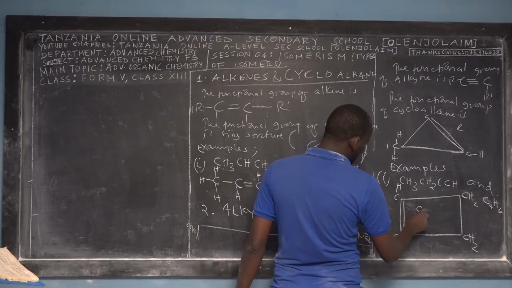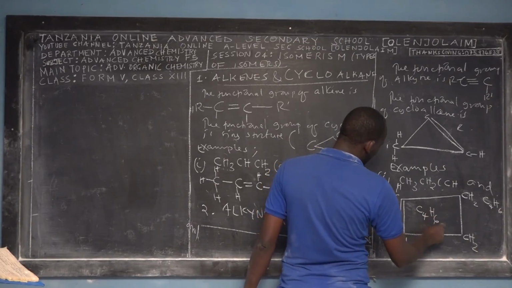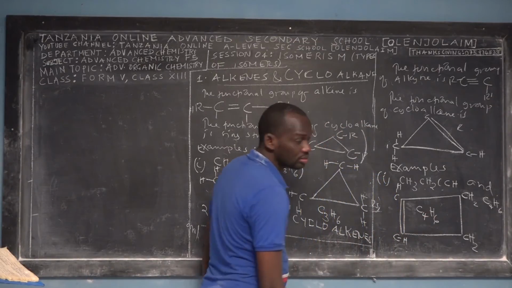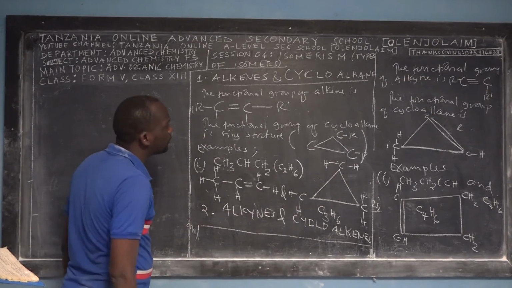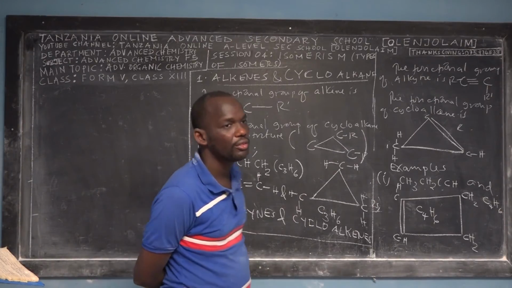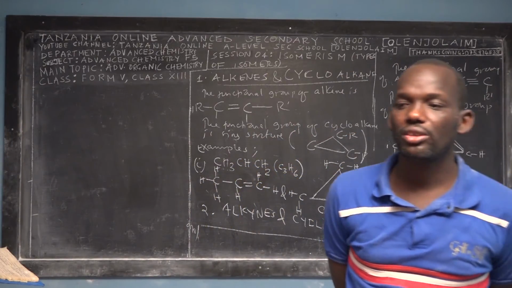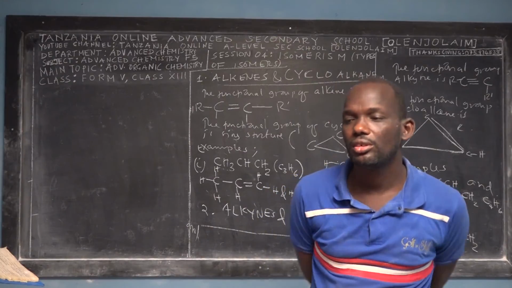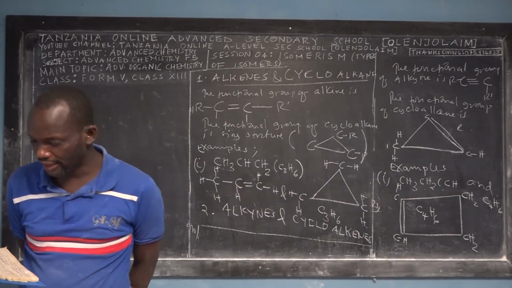It means that the molecular formula of this compound is 4 carbons and 6 hydrogens. That's the second group of functional structural isomers. Then the next group is alcohols and ethers.